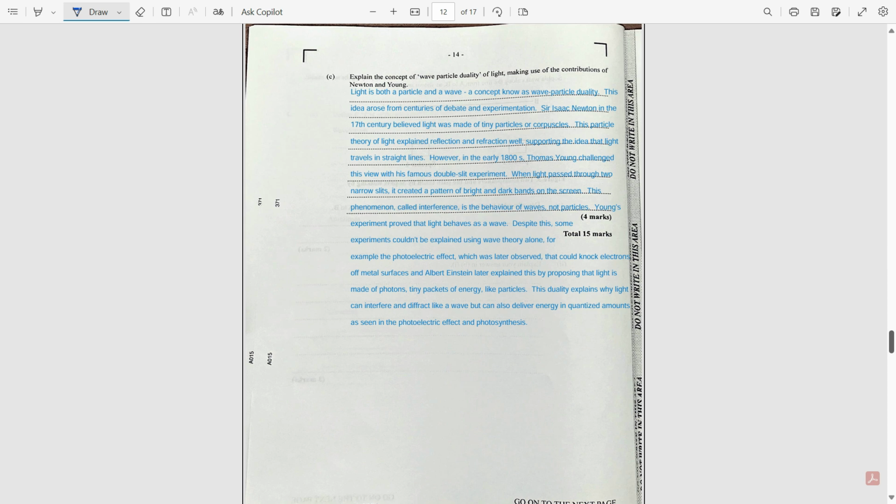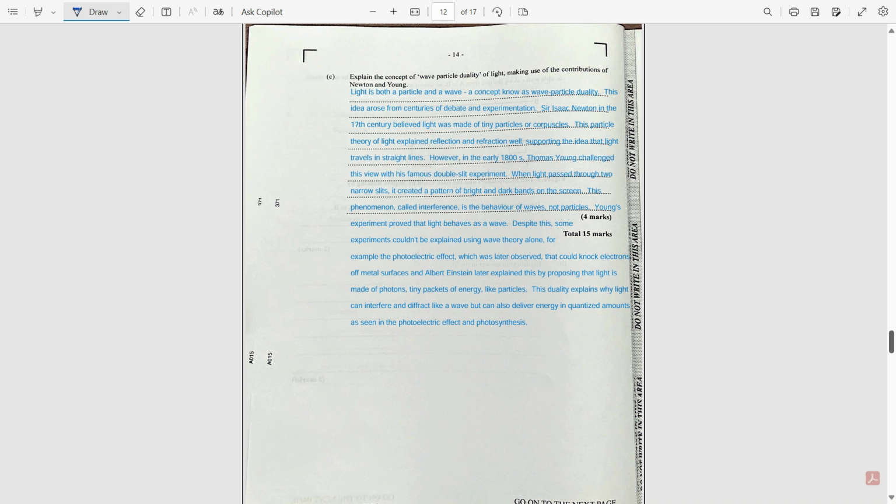When light was passed through two narrow slits, it created a pattern of bright and dark bands on the screen. This phenomenon, called interference, is the behavior of waves, not particles. So, Young's experiment proved that light behaves as a wave.